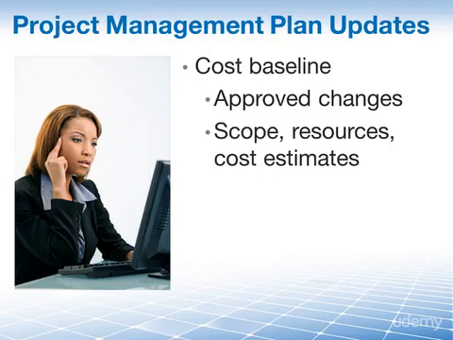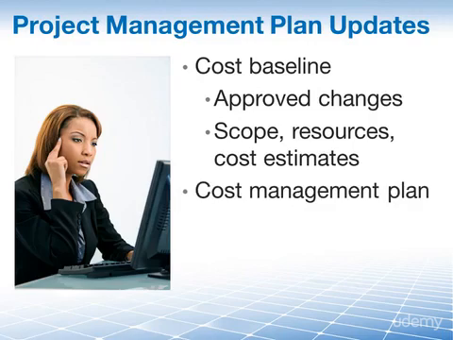We also may need to update the cost management plan, because it spells out triggers for when you need to take action if the difference between your actual and expected costs falls outside of specified limits. Perhaps these limits or thresholds need to be adjusted as a result of the analysis that was done during the cost control process.